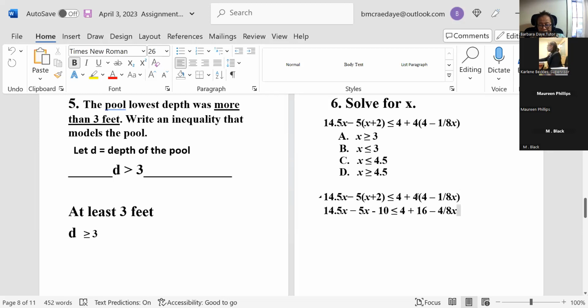But this is like 4 over 1 times minus 1 over 8x. You multiply two fractions: 4 over 1 times minus 1 over 8x. And that's how you got a minus 4 over 8x. Got it? Yes, Miss Barbara.